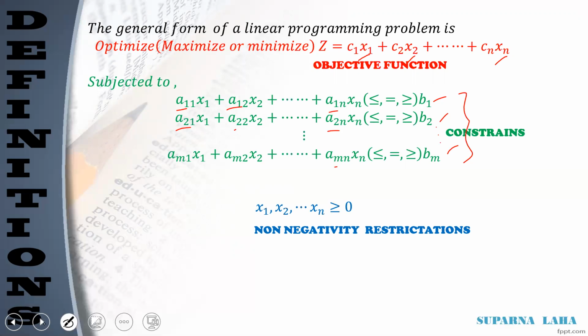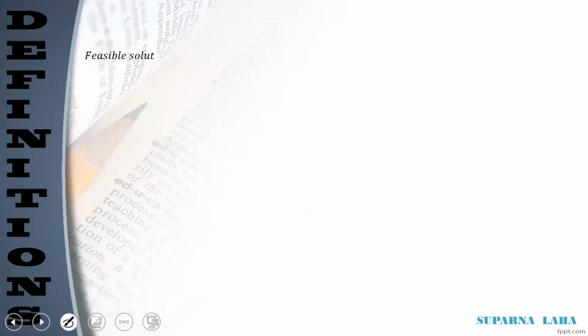Now, let's talk about the solution of this linear programming problem. In your syllabus, the graphical solution was there, but first we will talk about feasible and infeasible solutions. Now, what is a feasible solution?